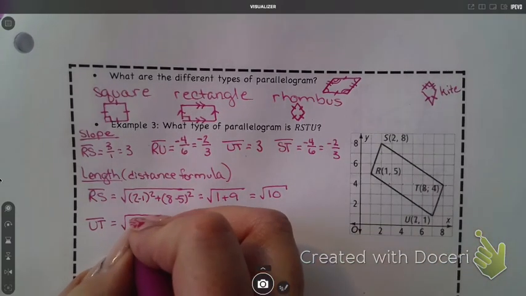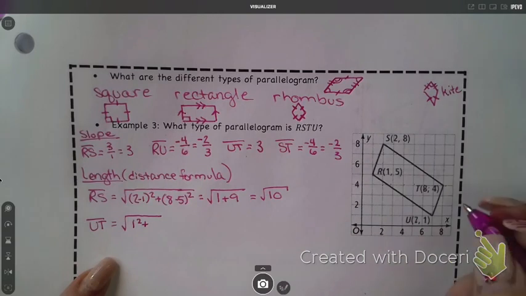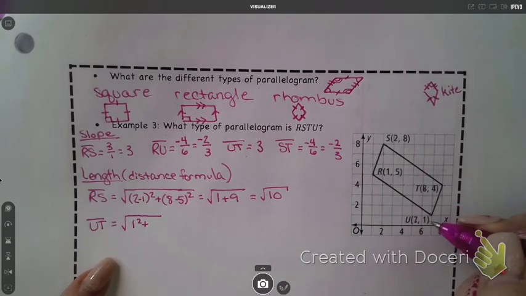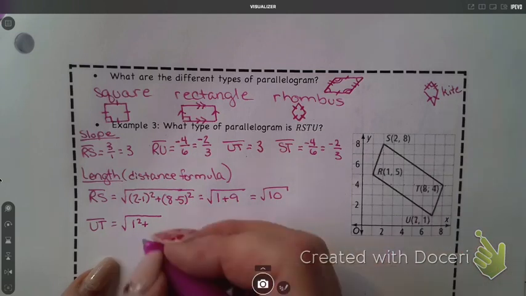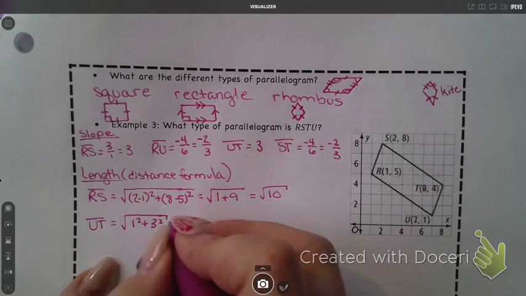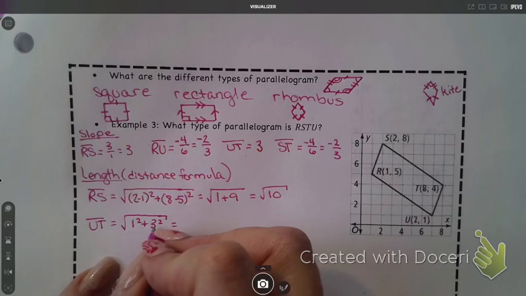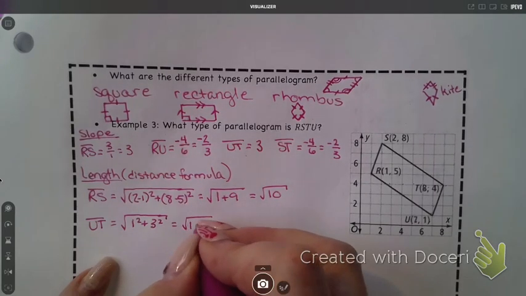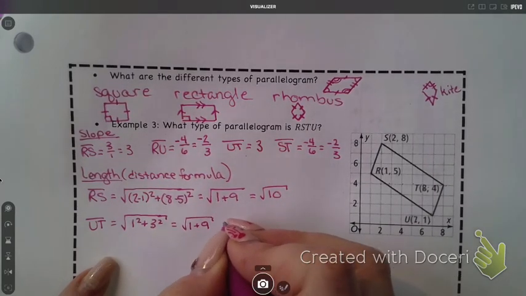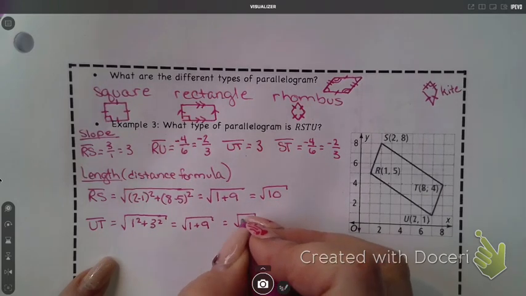So I have 1 squared plus, now do you see what I'm saying about doing the subtraction on the picture? 4 minus 1 is 3. So 3 squared. So 1 plus 9 is 10. So those are congruent. That's nice, right?